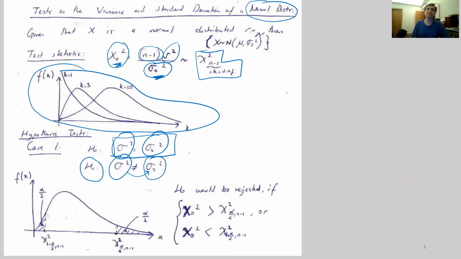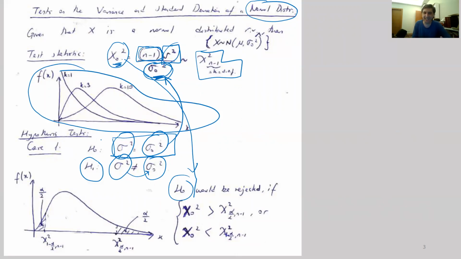At a given alpha value, H0 would be rejected if this test statistic x0 square, and let me repeat what the test statistic is, is the sample variance obtained from the sample times n-1, which corresponds to the degrees of freedom, divided by the hypothesized value for the variance.